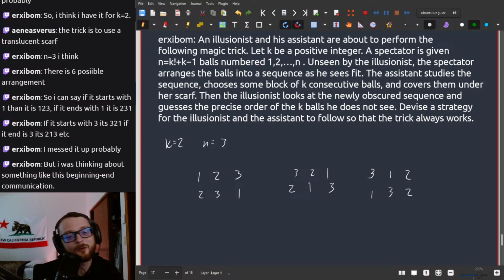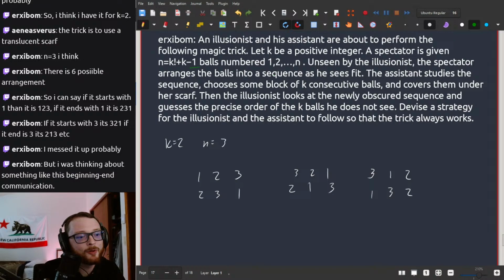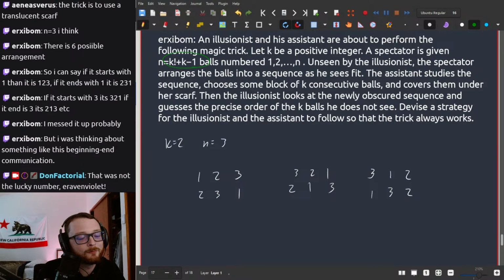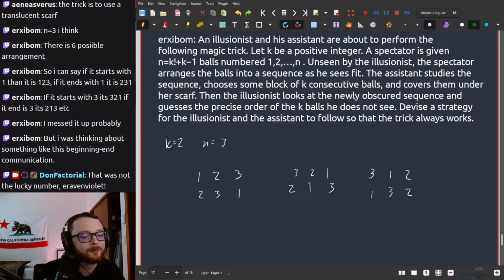I think we need to go for some other grouping though. This number is so specific. K factorial plus K minus 1. I wonder if there's some fact we can figure out about that number that would be helpful. Like, does it always have a certain factor? Ooh. One day you'll get it, Raven.